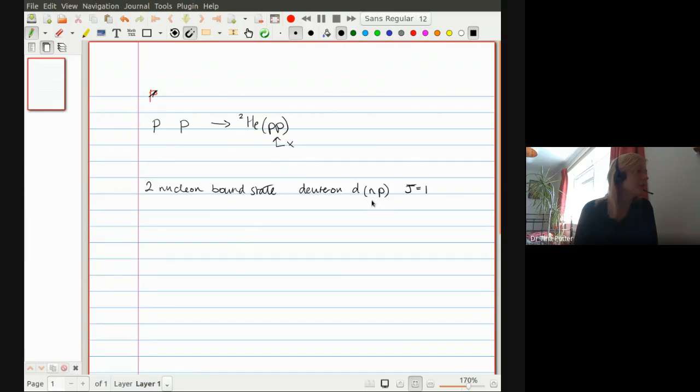That means that the neutron and proton here are actually in the same spin state. Now, we don't see a spin equals 0 state for deuteron. We don't see them with opposite spin. This is not seen.